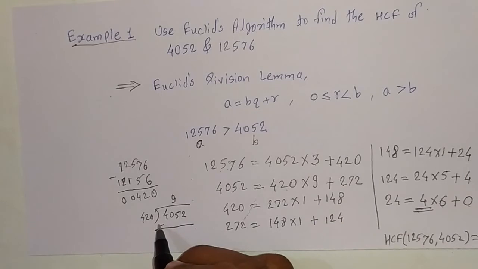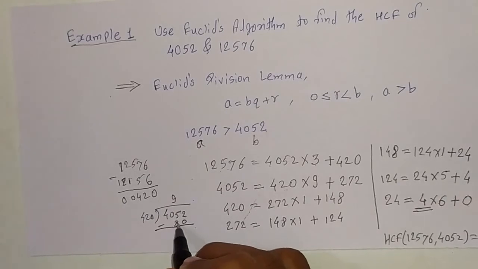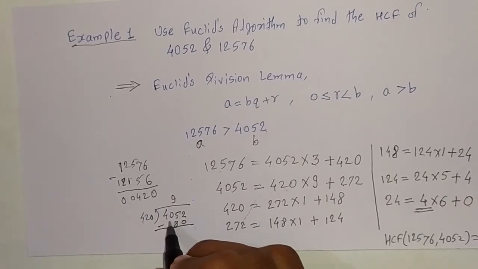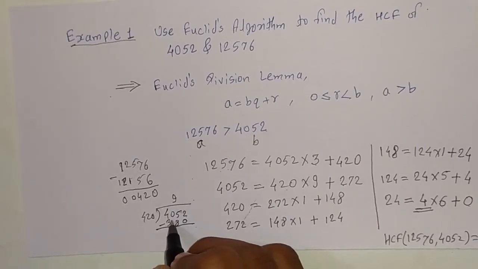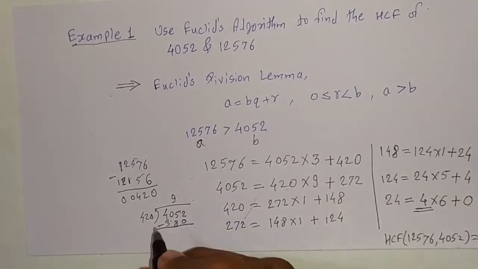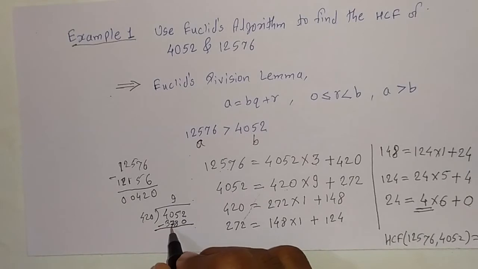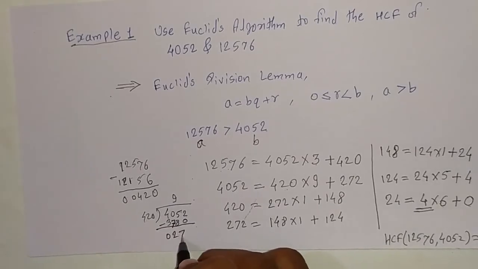So what will be the product of these two numbers? Correct, it will be 3780. So remainder in this case will be 272.